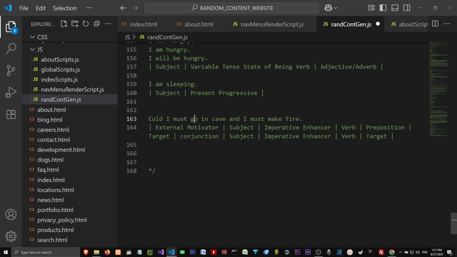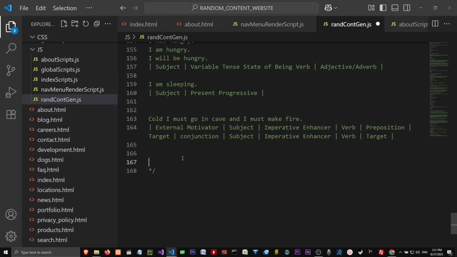Verb is go. We have 'in,' which is a directional or a preposition. Cave, target. And conjunction. Subject, I. Imperative enhancer, hey, I need to survive. Must, verb, make, target, fire.